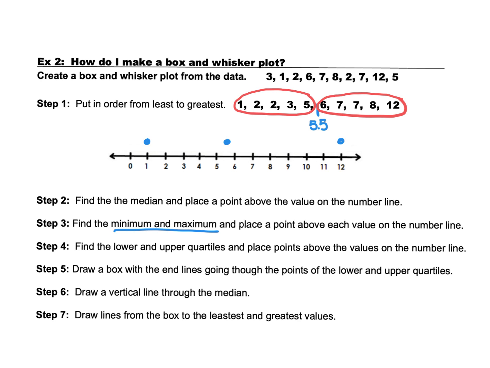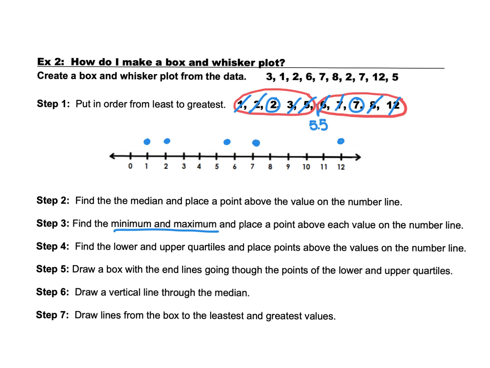So we're going to find the middle number of this lower half. So we're going to just cross off, cross off, cross off to find the middle number of the lower quartile, and that is the 2. And then the upper quartile, the median of that set of data is 7. So we're going to place a dot on the 7.